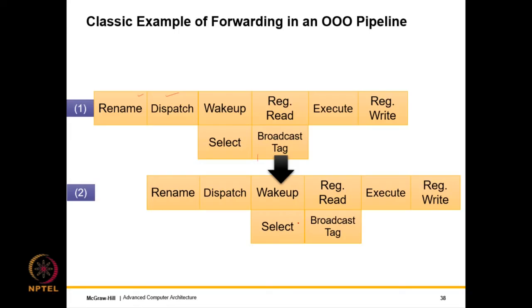It is possible it doesn't get selected in this cycle but in a later cycle, but we are just assuming a tight case here. After this, the consumer proceeds along the same path, and when it needs the value, there is a forwarding that we can see over here. I should also write bypass, since the word bypassing is more appropriate here. The value is bypassed and the execution proceeds.